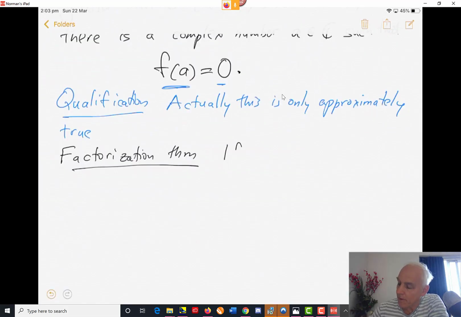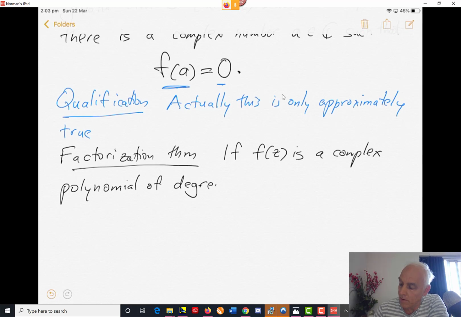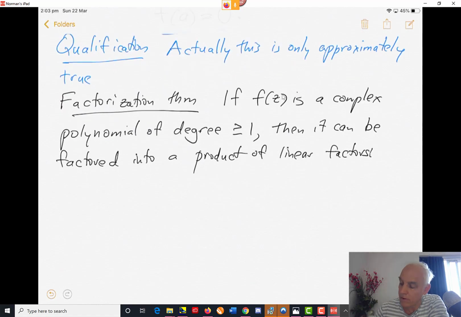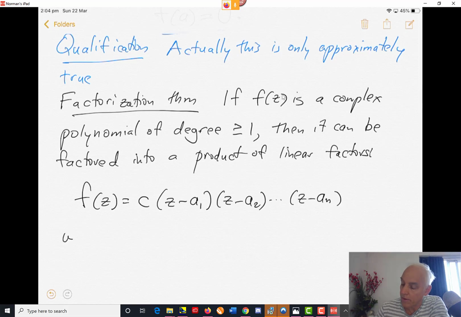If f of z is a complex polynomial of degree greater than or equal to 1, then it can be factored into a product of linear factors of the following kind: f of z equals some constant c times z minus a sub 1, times z minus a sub 2, all the way up to z minus a sub n, where these numbers c, a sub 1, a sub 2, all the way to a sub n are all complex numbers.